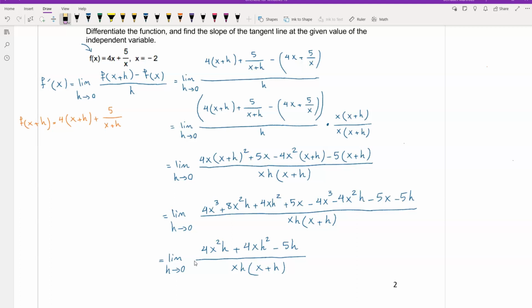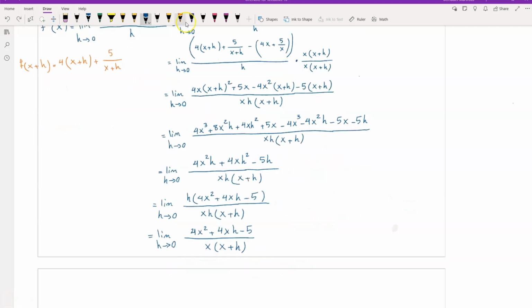Now factor what we have in the numerator, we can factor out h. So I canceled h from numerator and denominator. So what we have in the numerator is 4x squared plus 4 times x times h minus 5, divided by x times x plus h. Now finding the limit as h approaches 0.